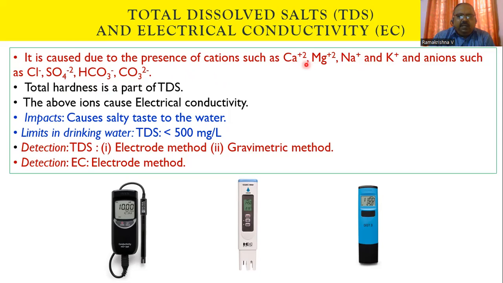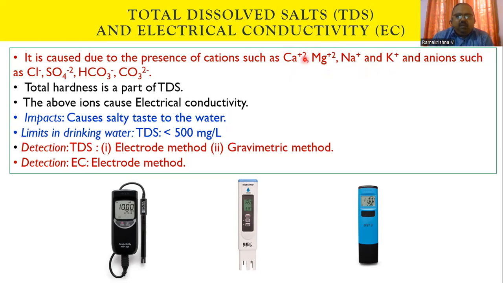In the major ions, sodium is coming from cooking operations, sodium chloride, household salt. So this will come into the water as a salt. Sodium chloride, sodium sulfate, sodium carbonate, all are salts. Similarly, potassium chloride, potassium sulfate, potassium carbonate, all these are salts. So other than calcium and magnesium, these two contributions are also to be considered here.